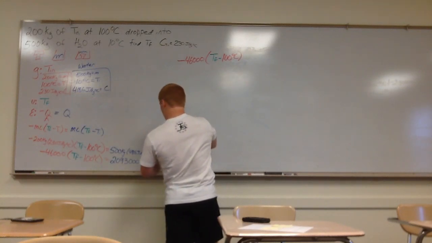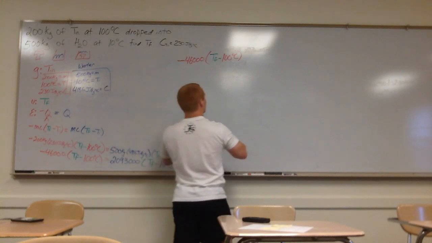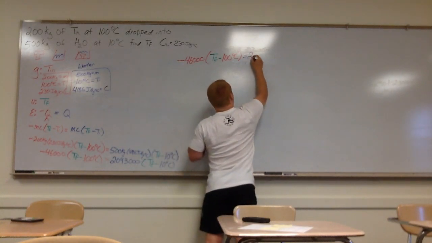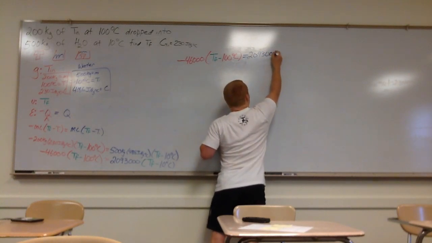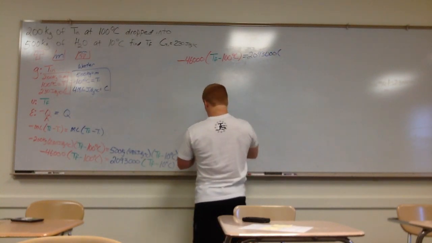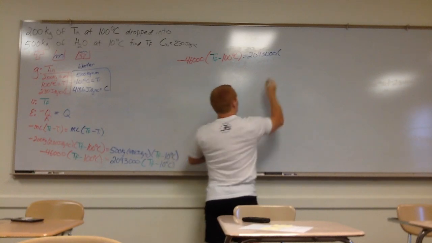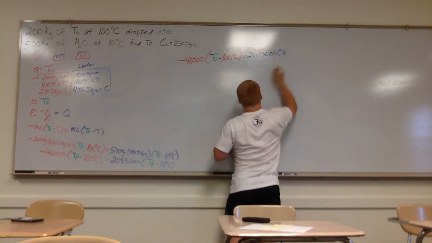That's going to equal 2093 with 3 zeros times TF minus 10 degrees Celsius.